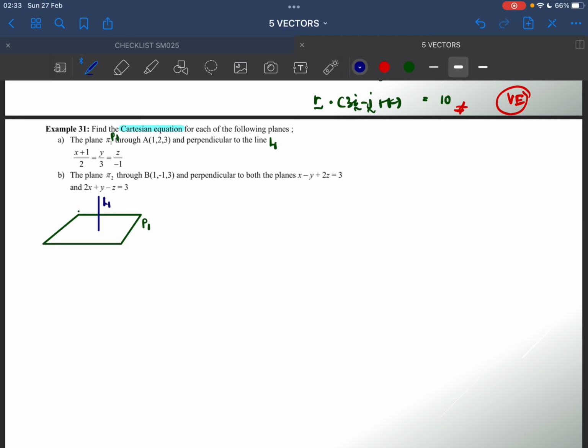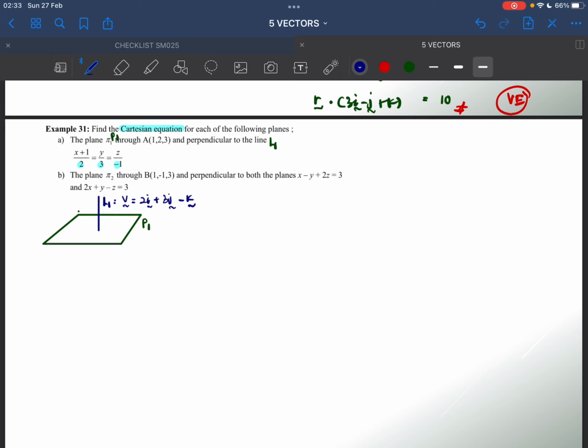So the line here is (x plus 1) over 2, y over 3 equals z over negative 1, which gives us the vector. Okay, remember for the parametric equation here, the denominator is the vector. So we have v for the line as 2i plus 3j minus k.